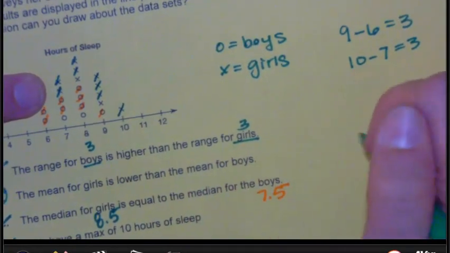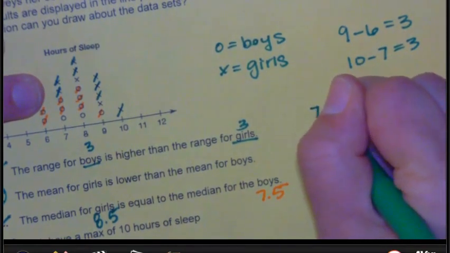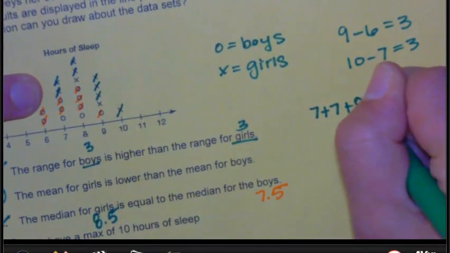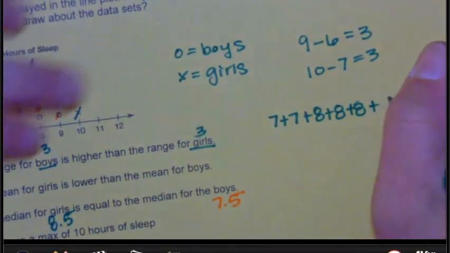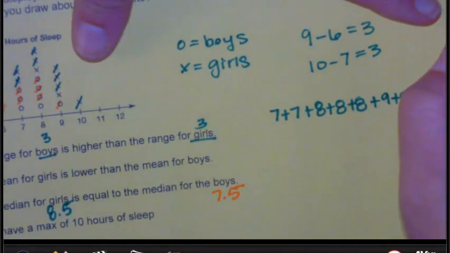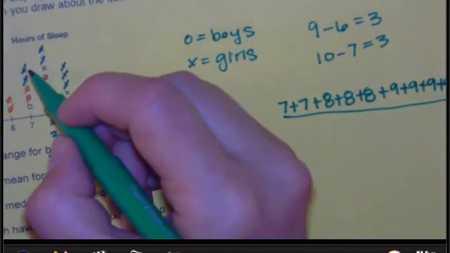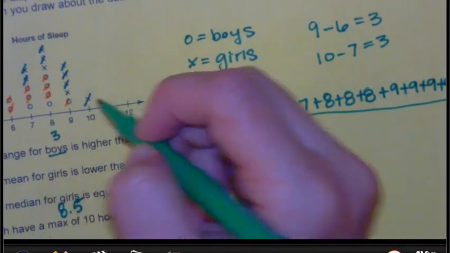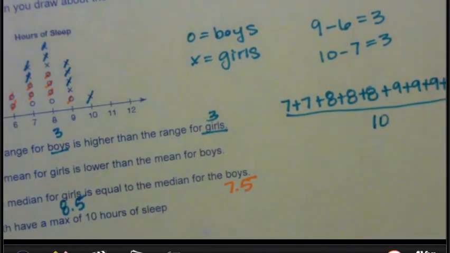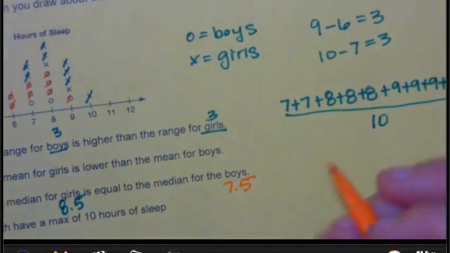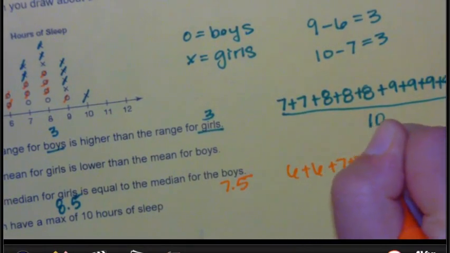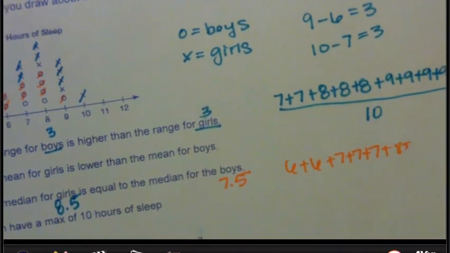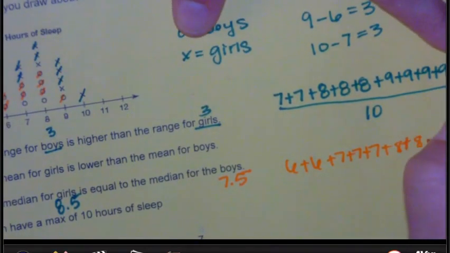To find the mean for the girls, we need to add everything up. So I need to do 7 plus 8, 8, 8. How many times for 9? 4 9s. And then add a 10 in there. Divided by how many? 1, 2, 3, 4, 5, 6, 7, 8, 9, 10. Divided by 10. And then for the boys, it should be 6 plus 6, 7, 7, 7, 8, 8, 8, 4 8s.